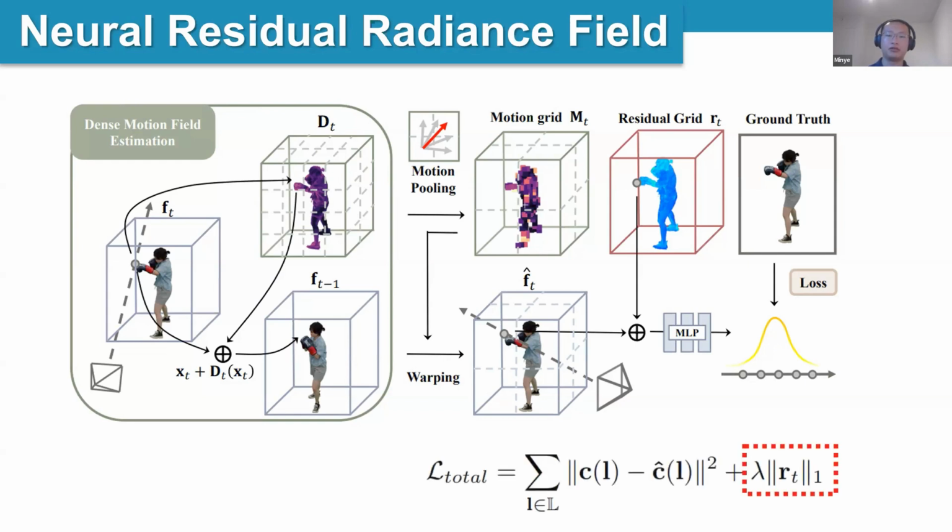Then, on top of the warped feature grid, we learn a residual grid to do the compensation. And lastly, we use L1 regularization to regularize the residual grid to make it as sparse as possible.